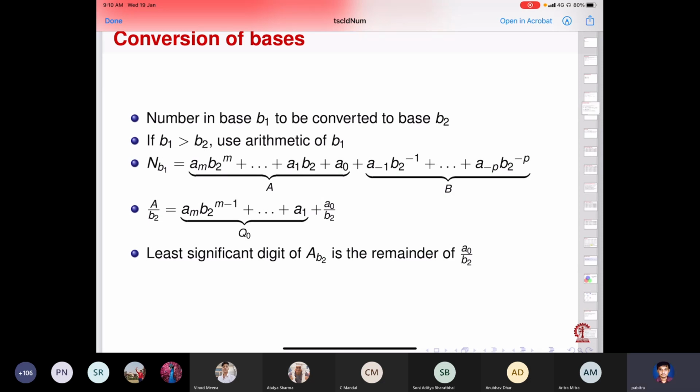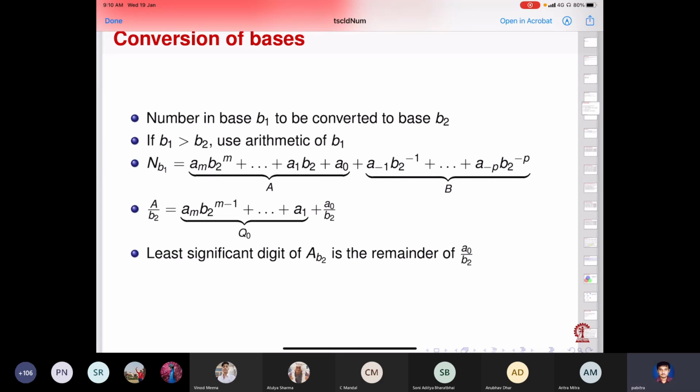Okay. So you see what you have got, the least significant digit is nothing but the remainder on dividing A0 by B2. So basically what I am doing is dividing the integer part by 2 to get Q0.